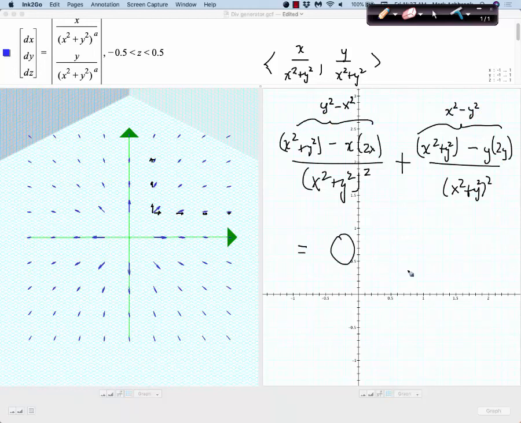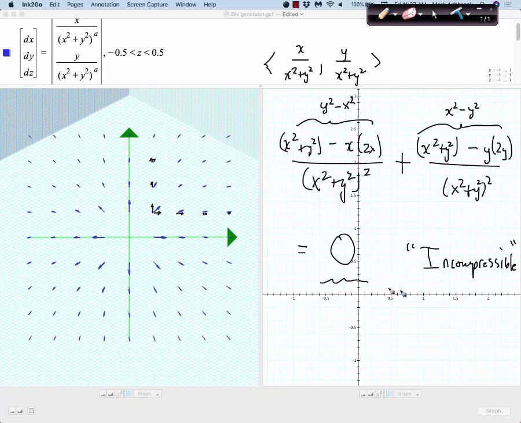So this field looked like it was negative divergent, but it's actually 0 divergence. It's called incompressible. Why does it look like it's negative divergence? Just the way the rendering is. All those components should be equal, so the divergence is 0.